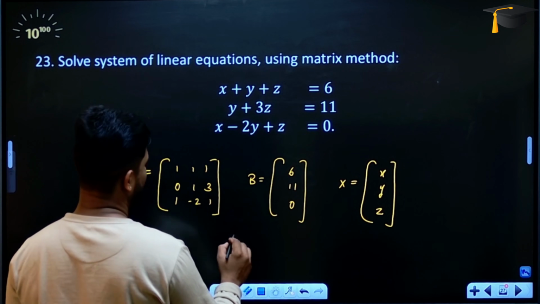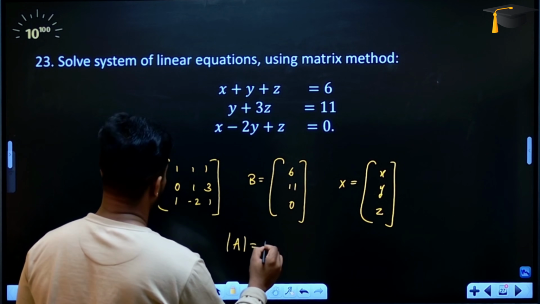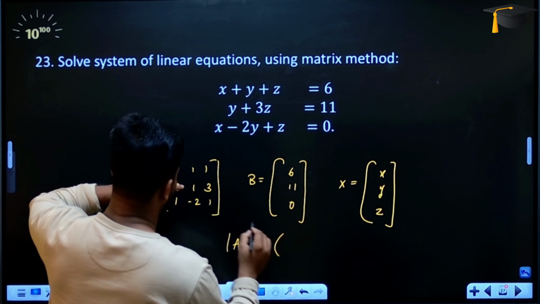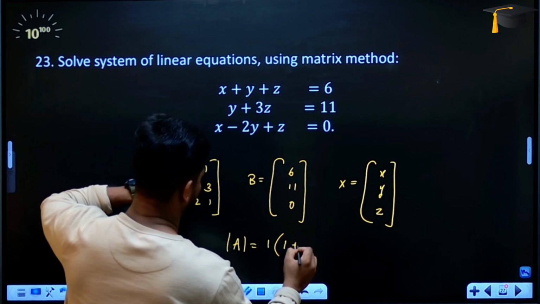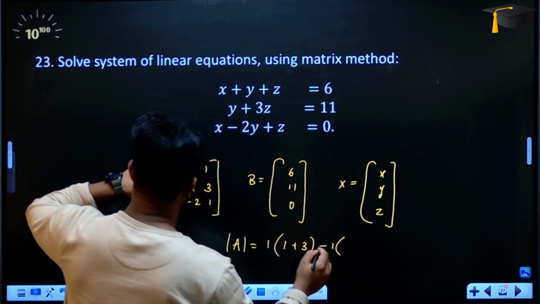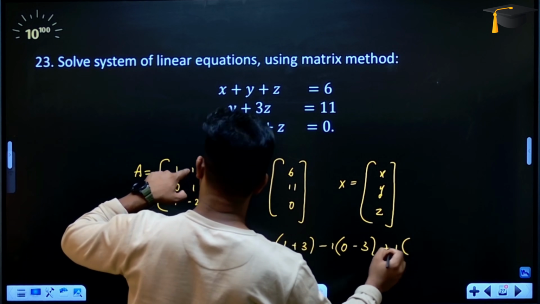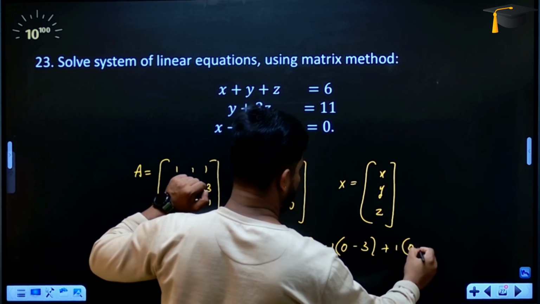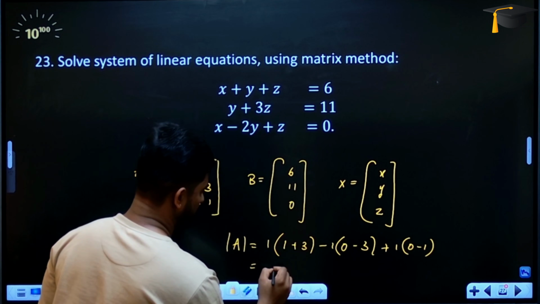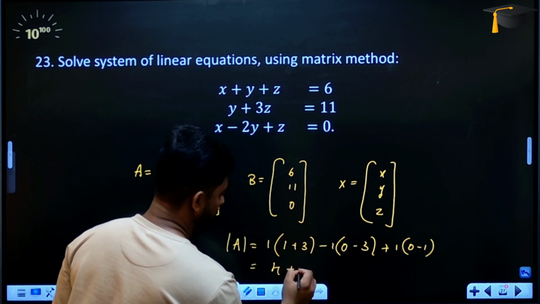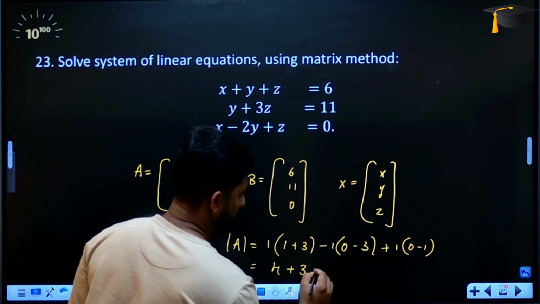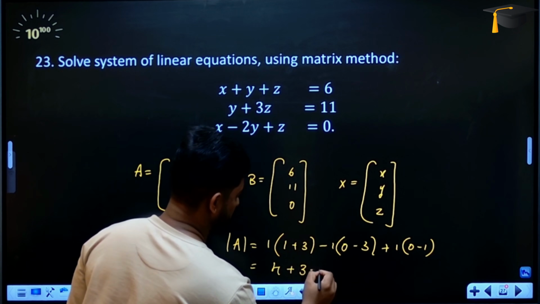Okay, now let's find out determinant for this. So determinant of A is equal to, so it is 1 of 1 minus 1 plus 3 minus 1 of 0 minus 3 plus 1 of 0 minus 1. So it is 4, it is 3 minus 1.